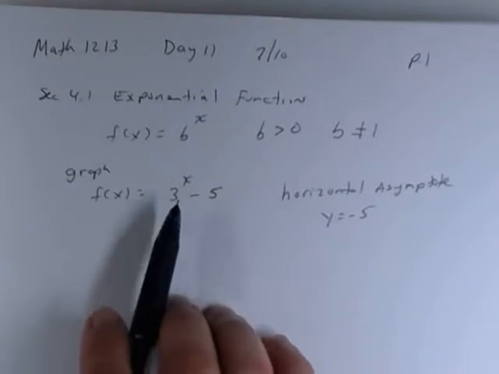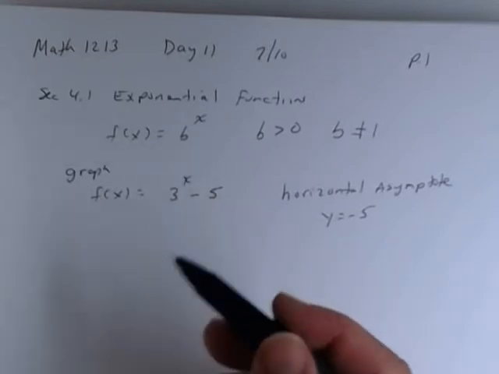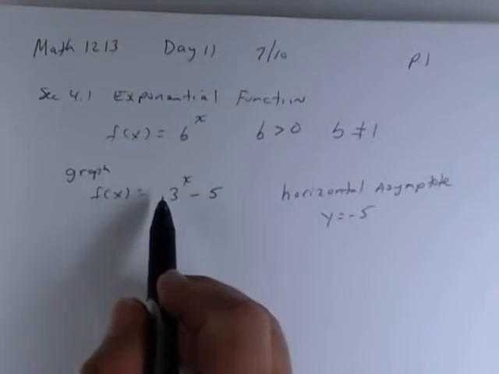It's going to be above because there's no reflection. Now remember, if there was a reflection about the x-axis, you would see a negative out here.